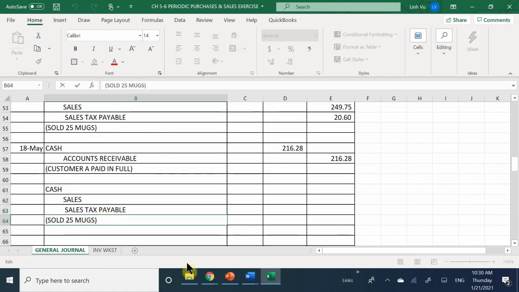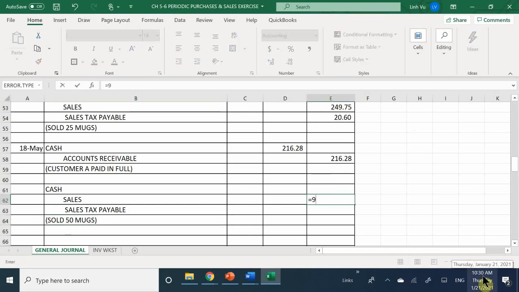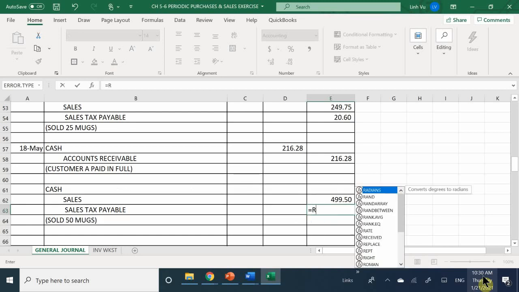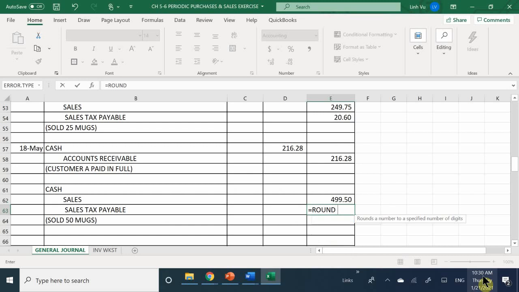But this time we sold 50 mugs. So how much was the sales for the total of 50 mugs? $499.50. Good. And how much tax is on that? $41.21. Are we rounding? Yes, you should definitely round, especially when it comes to pennies. So it's $41.21 then.